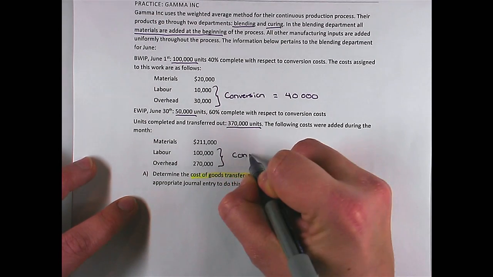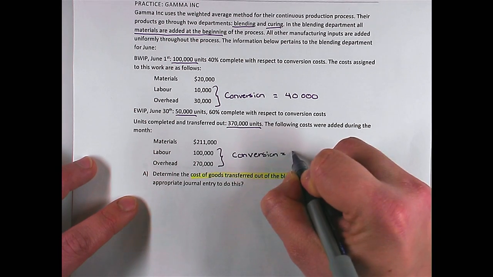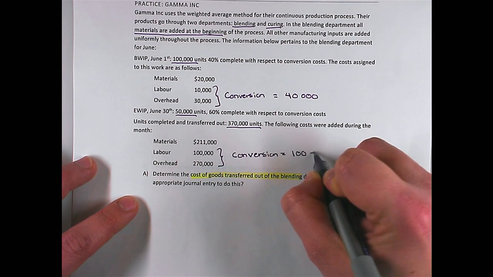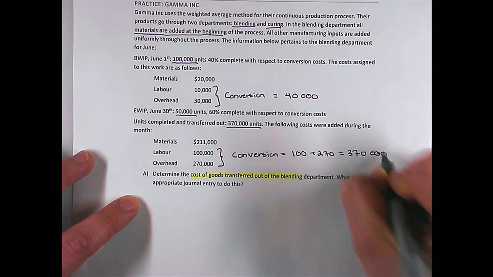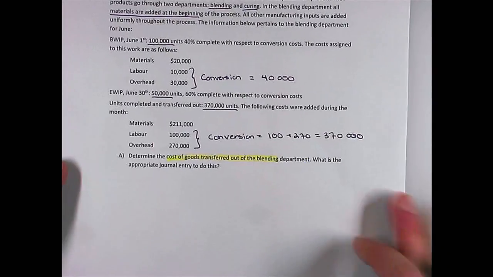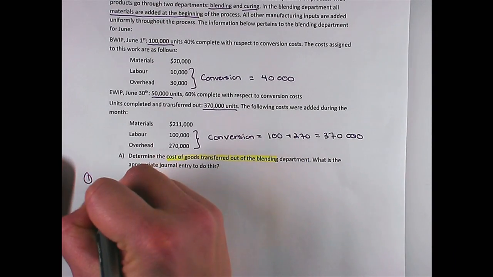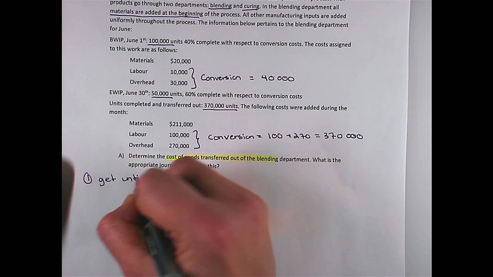So for our costs added in the problem, we have 100,000 plus that 270, so it's going to be 370,000 there.